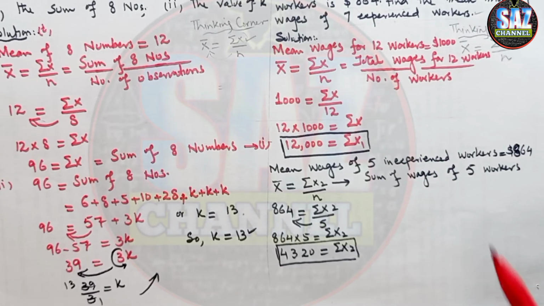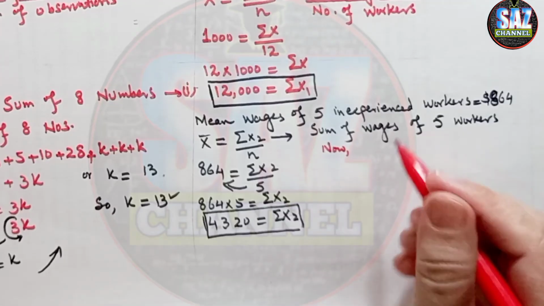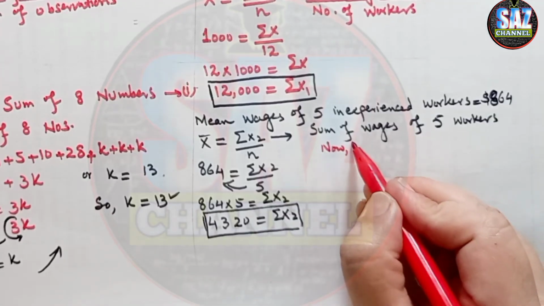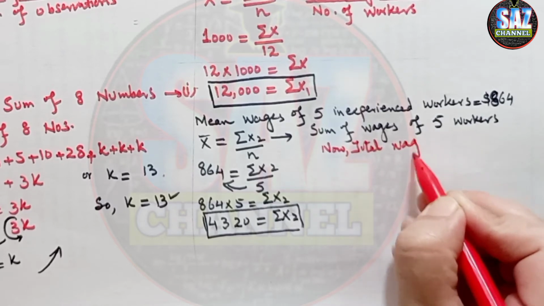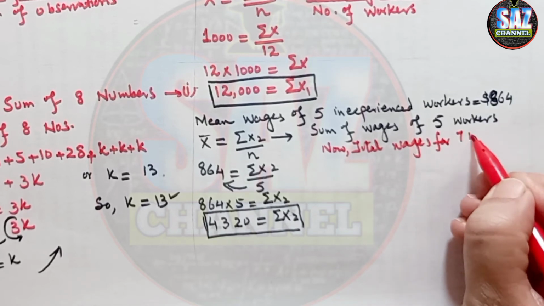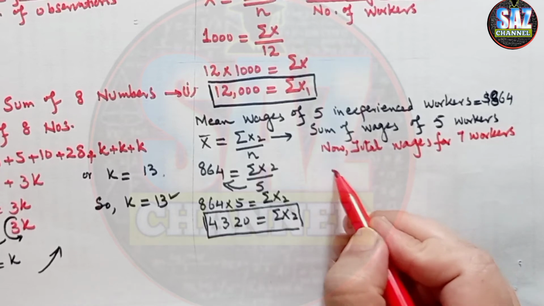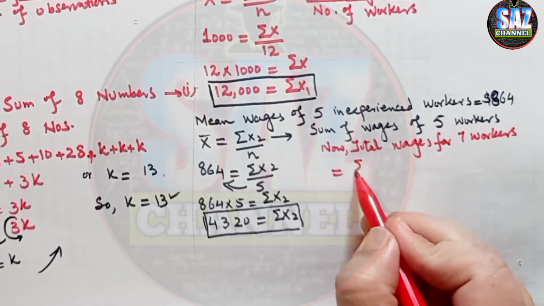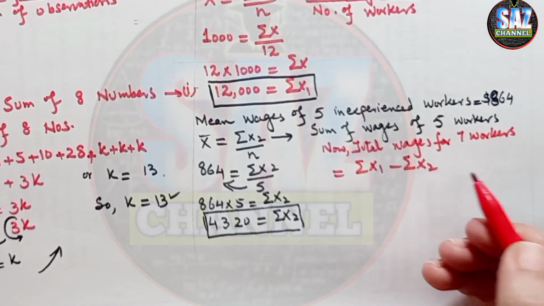So total wages for 7 experienced workers will be equal to summation x1 minus summation x2.